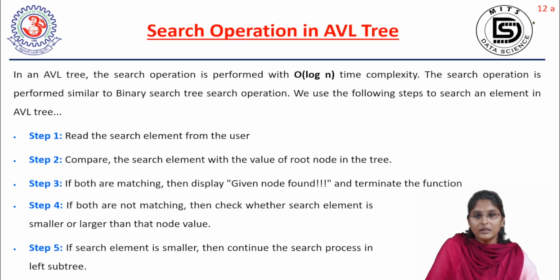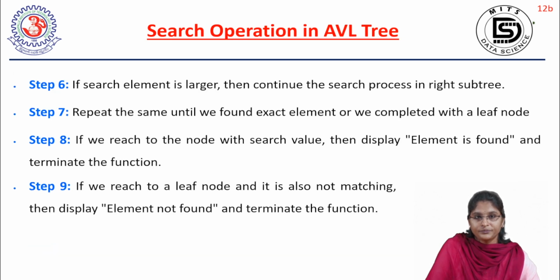If both are not matching, then check whether the search element is smaller or greater than the node value. If the search element is smaller, then continue the search process in the left subtree. If the search element is larger, then continue the search process in the right subtree.